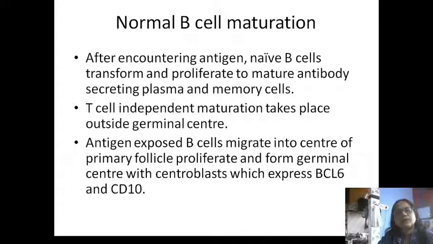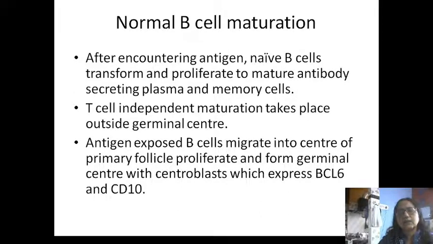After encountering an antigen, these naive B cells transform and proliferate to mature antibody secreting plasma cells and memory cells. Now antigen exposed B cells migrate into the center of a primary follicle and form a germinal center with formation of centroblasts which express BCL6 and CD10. So these are the naive B cells, then centroblasts, centrocytes.